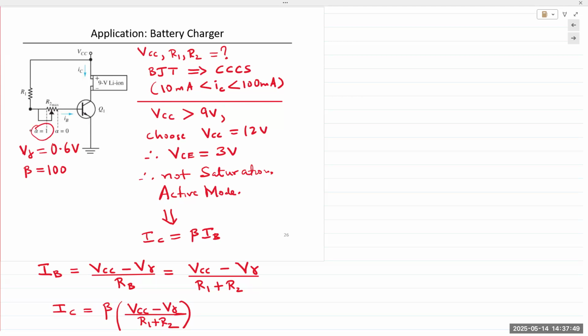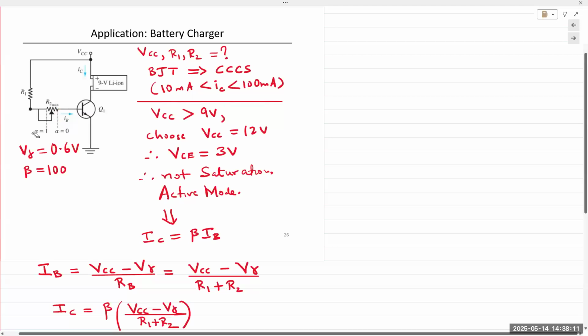If the arrow is positioned to the left, alpha is equal to 1. The full resistor value of R2 is available in that circuit. If alpha is equal to 0, then the entire R2 resistor is bypassed. Right? If the arrow is here, it's completely bypassing that resistance. Okay.